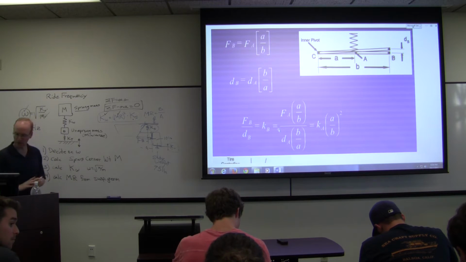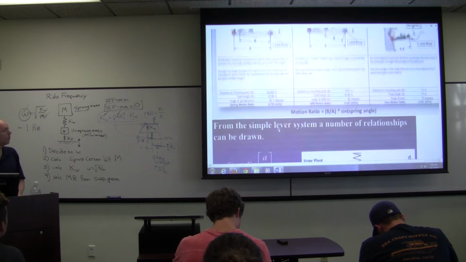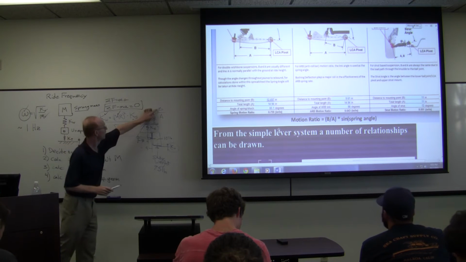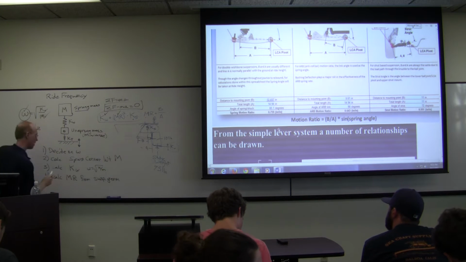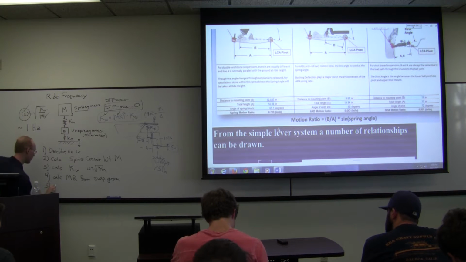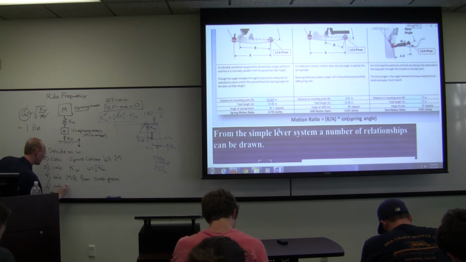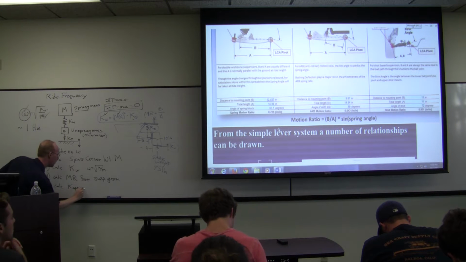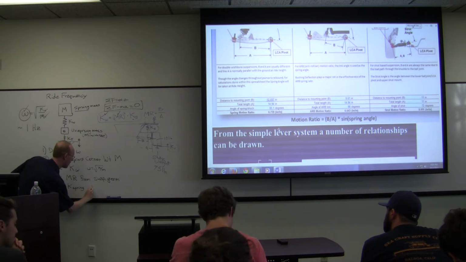So that would be like the sine theta and the a's and the b's. And then you can get your spring rate, calculate k spring from k wheel.